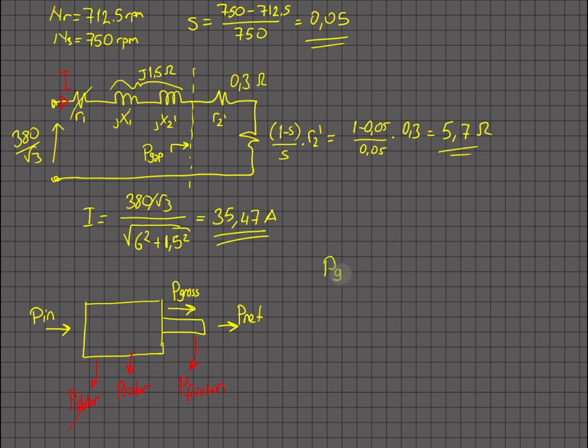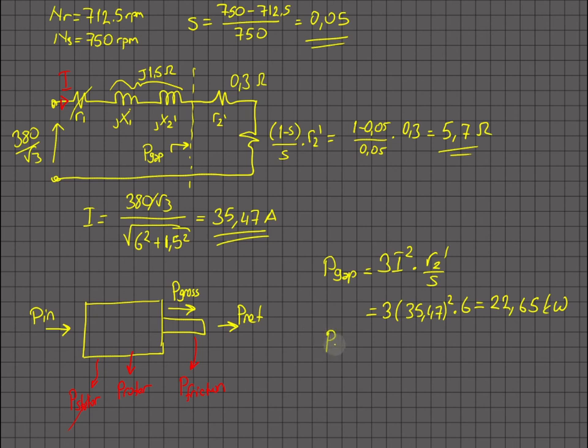So I can write P gap is equal to 3, this is the per phase equivalent circuit, I square times R2 prime over S. It is the combination of these two. So let's do that. 3 times 35.47 square times 6, and this is 22.65 kilowatts. So in the gap power, I'm dissipating that much.